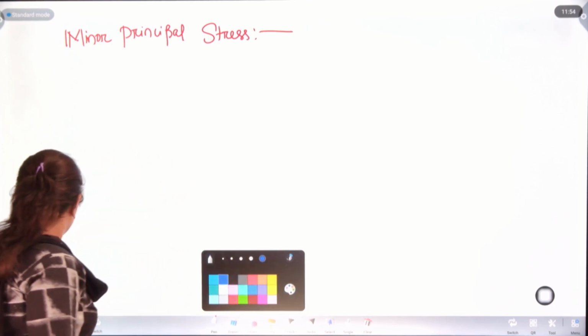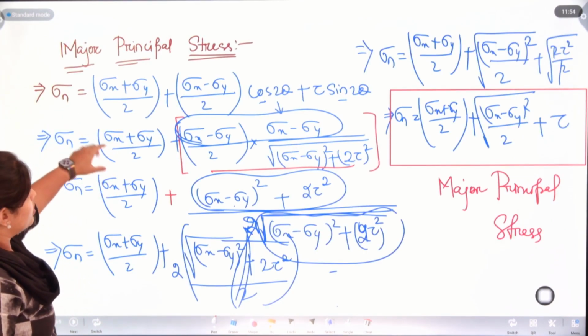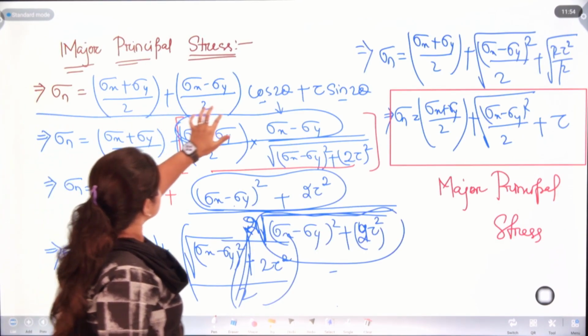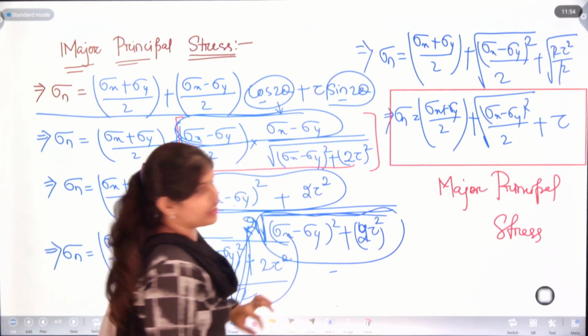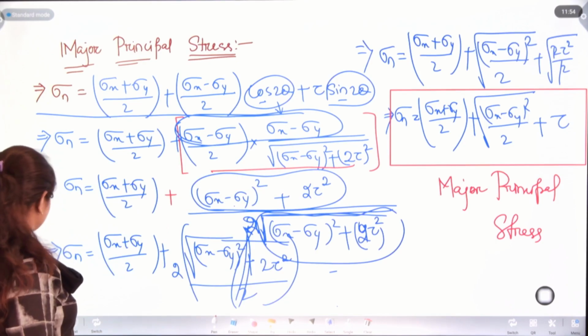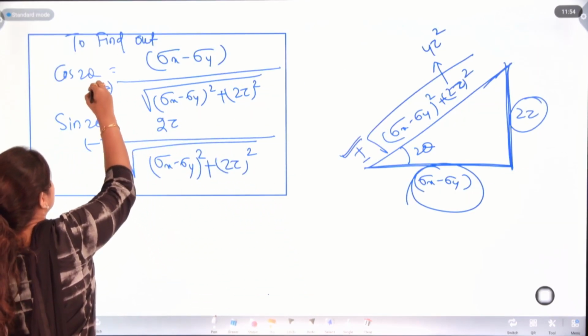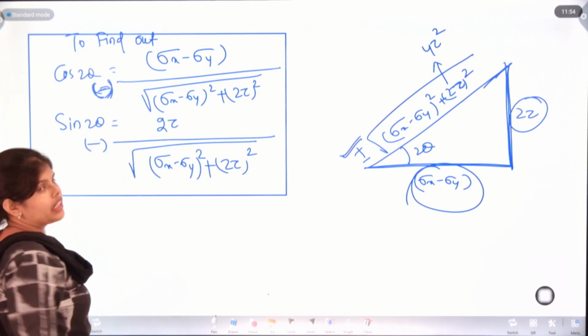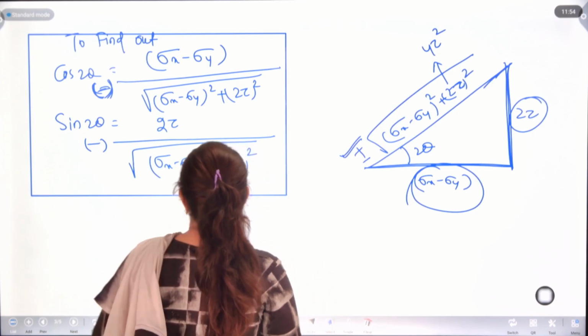Now the sigma n formula will be similar. There will be a change in the cos 2 theta value and sin 2 theta value. Only the change in sign, that will be, we will take the negative sign here to find out minor principal stress.